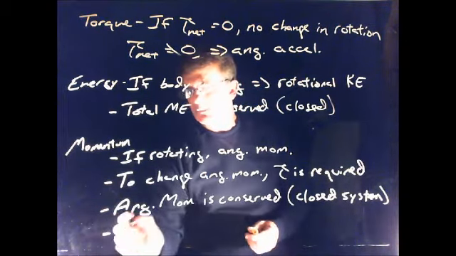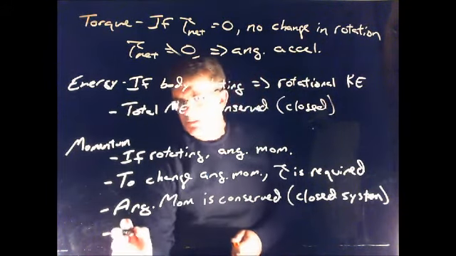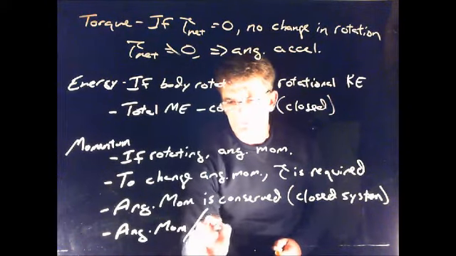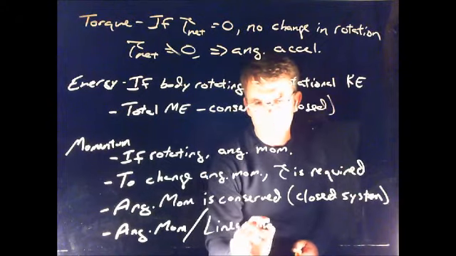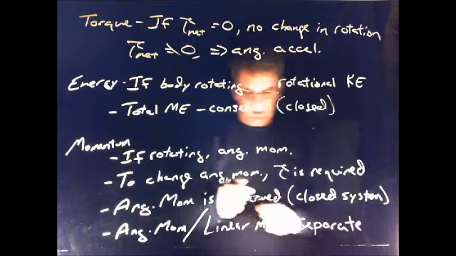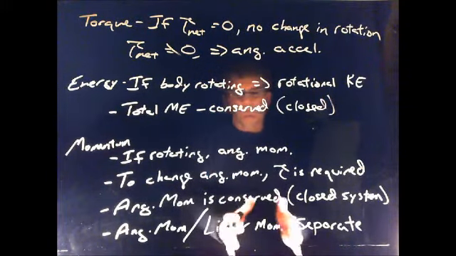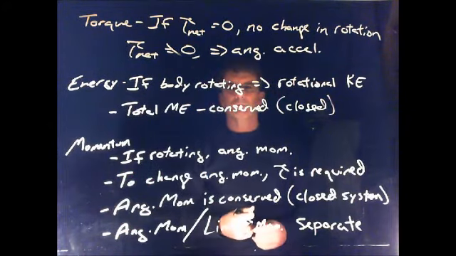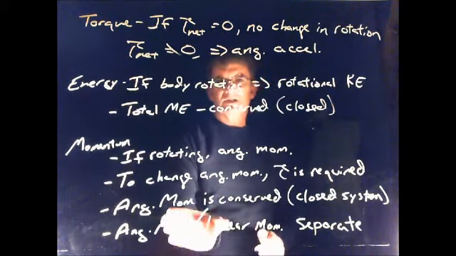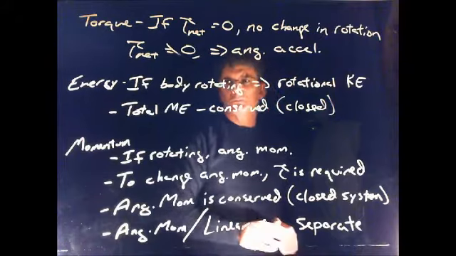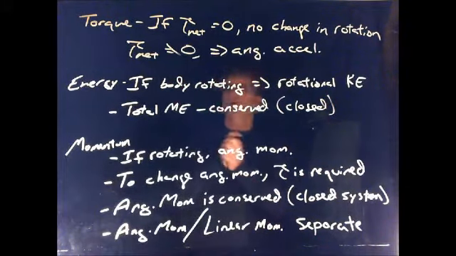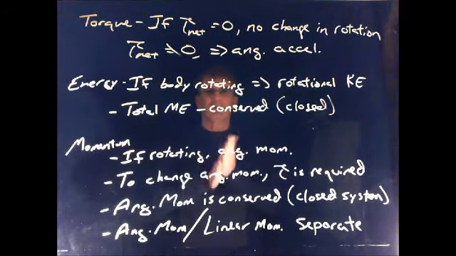And then the last thing to mention, and this is a little different: angular momentum and linear momentum are separate, meaning we cannot take linear momentum and transform it into angular momentum, and vice versa. And so when I talk about momentum in Unit 7C, I'll touch upon this topic. This is a very important idea. So these are the big ideas to rotational motion. Let's get started with Unit 7A.